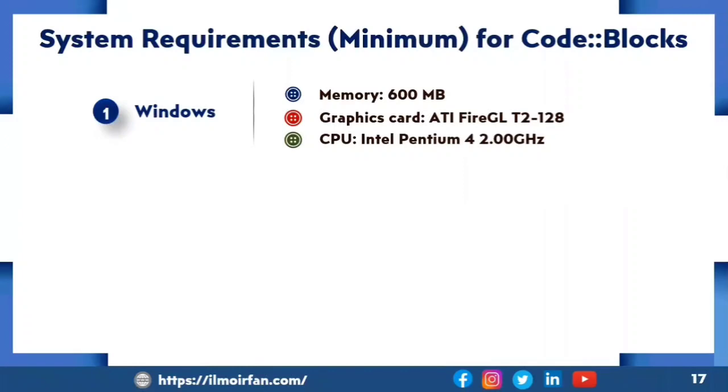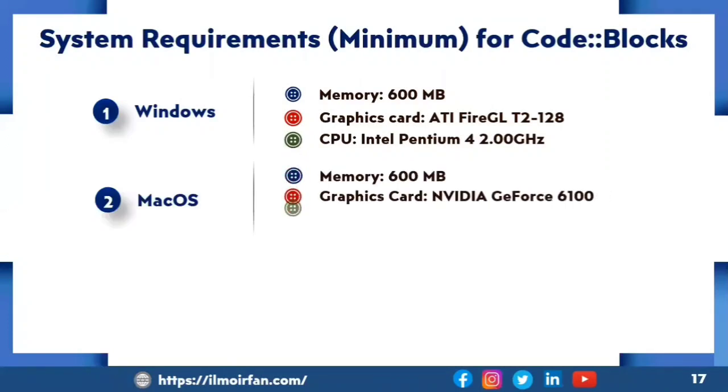For Windows operating system, memory of minimum 600 MB, graphic card of ATI Fire GL T2 128, and Intel Pentium 4 2 GHz CPU are required. For Mac operating system, memory of minimum 600 MB, graphic card of NVIDIA GeForce 6100 and Intel Core 2 U7600 CPU are required.